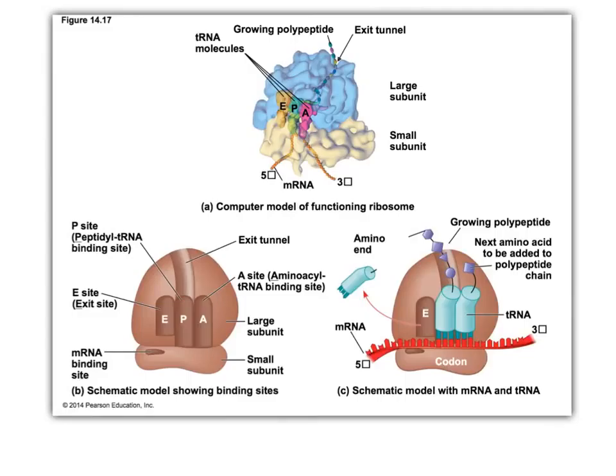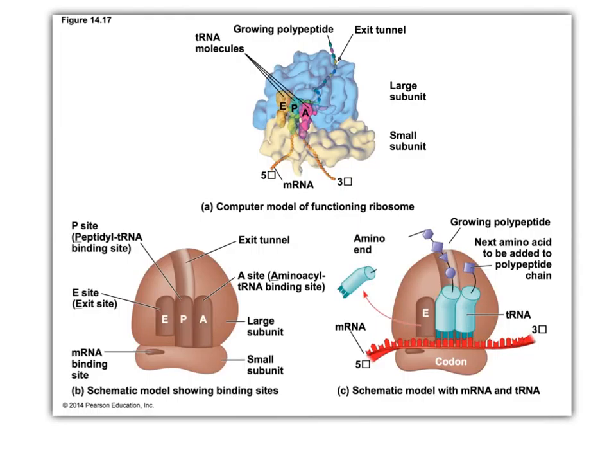The acceptor site is where the next tRNA is going to come in and bring the right amino acid. The P site is where the growing polypeptide chain is going to be found. And the exit site is where that used tRNA is going to leave the ribosome. So that's your sites.